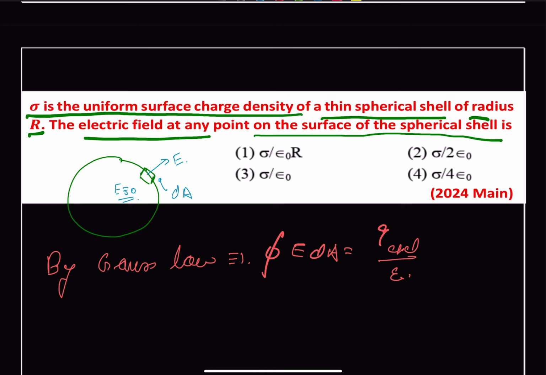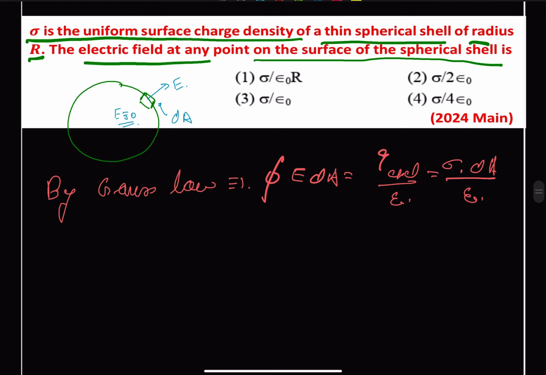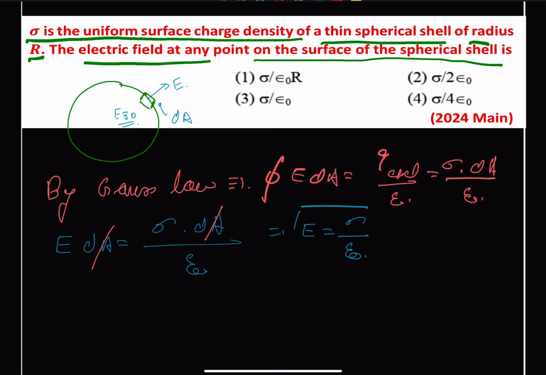Surface charge density is given as sigma, so this becomes sigma multiplied by dA upon epsilon naught, and our left side will be E into dA is equal to sigma dA upon epsilon naught. dA and dA cancel out, so we get the electric field is equal to sigma upon epsilon naught. So option 3 is the correct one.